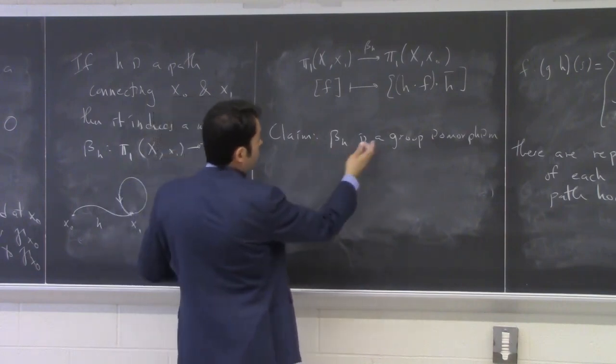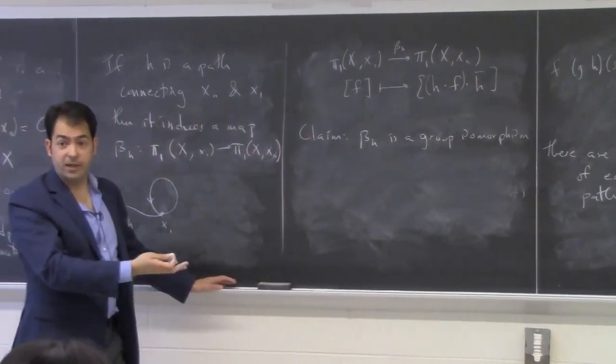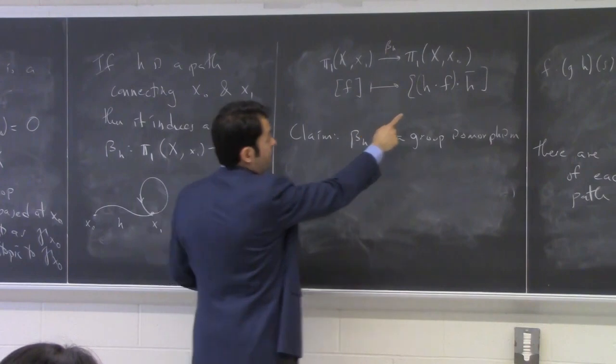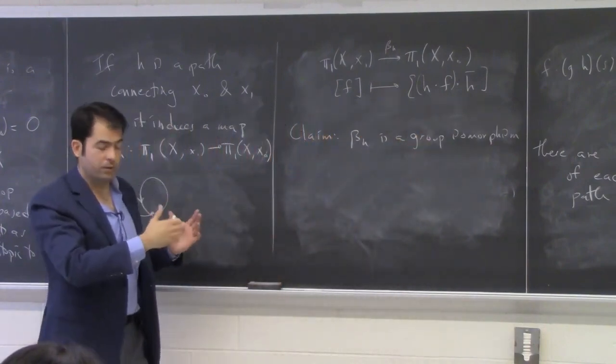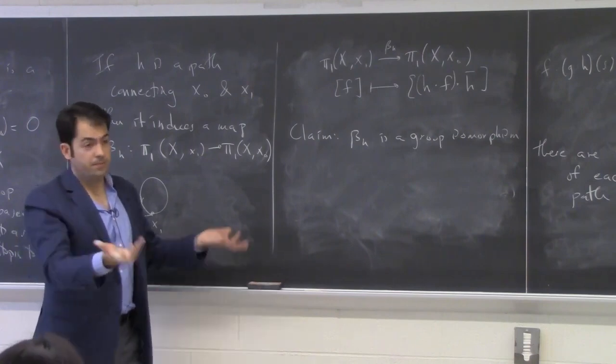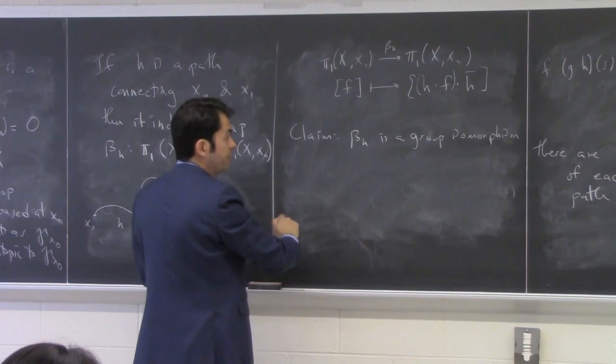We should say a word about it being well-defined. But it's well-defined because we already checked that concatenation is well-defined at the level of the fundamental groupoid, so we already know that this doesn't depend on choice of representative.